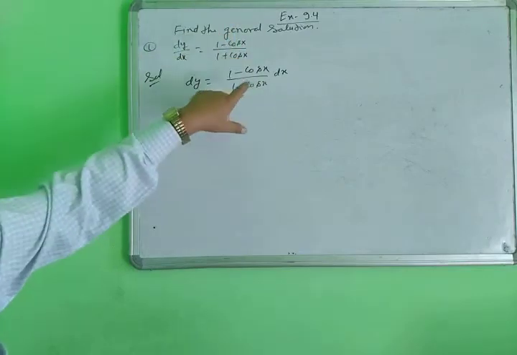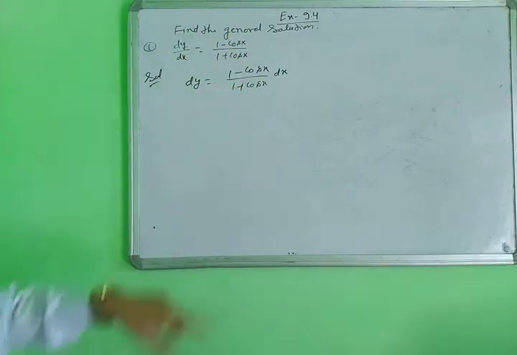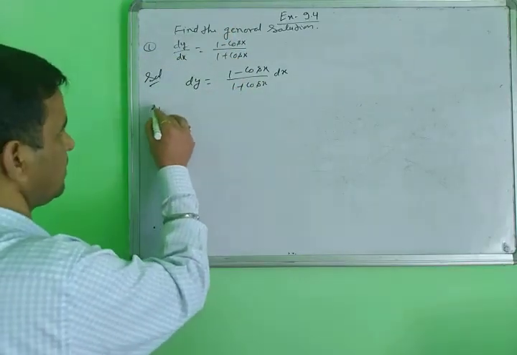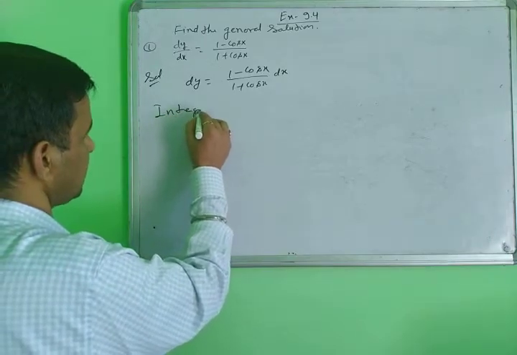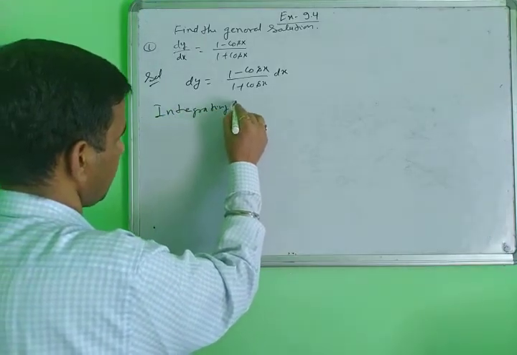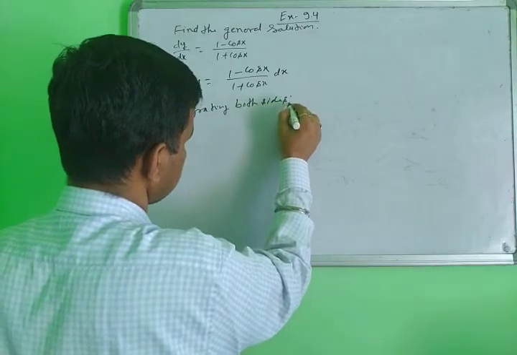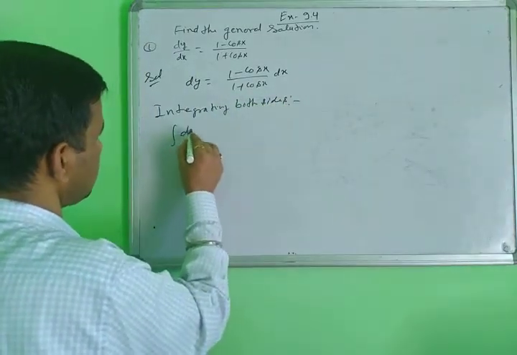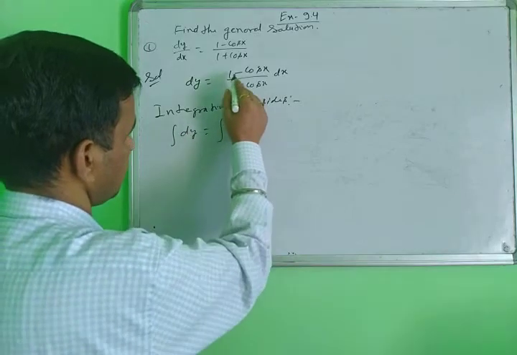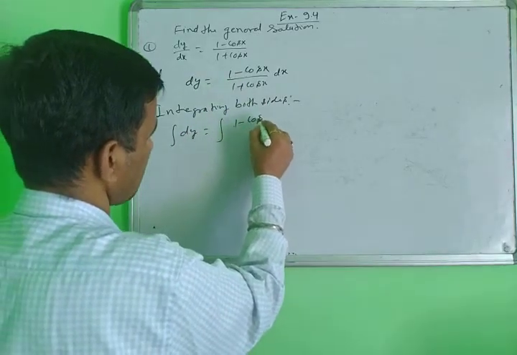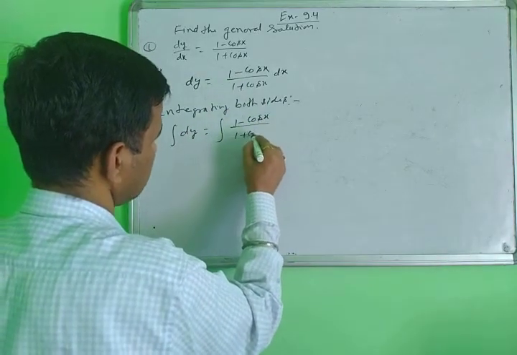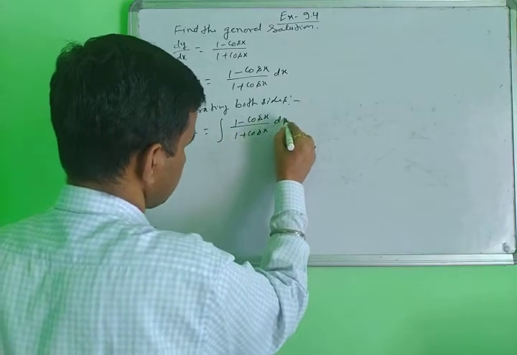After that you will integrate both sides. Then integration of dy equals integration of 1 minus cos x upon 1 plus cos x dx.